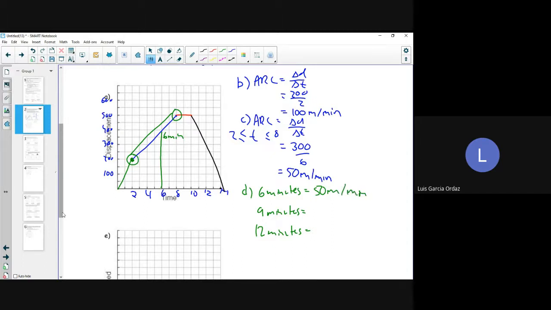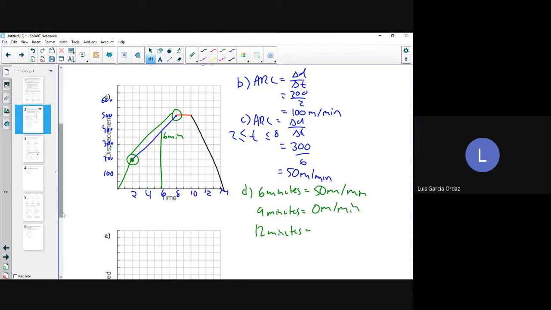Okay. What do you think the instantaneous rate of change would be at 9 minutes? It would be 0 meters per minute.